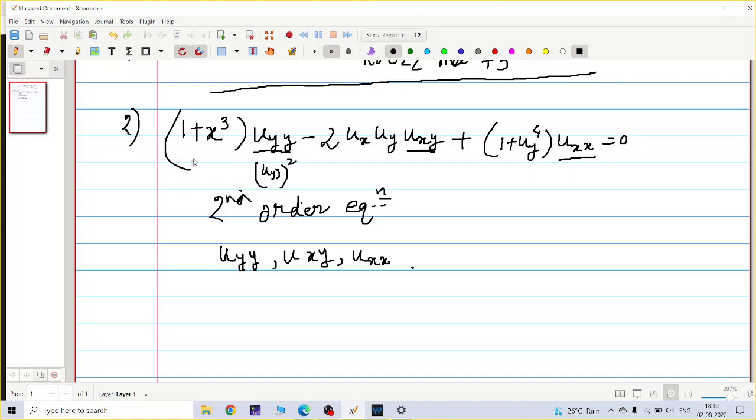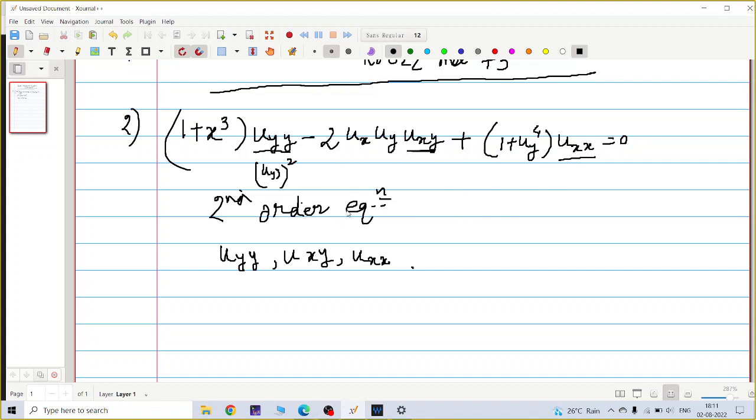The question is that this is the given PDE, and you have to find its order and type, meaning whether it is linear, quasi-linear or semi-linear. The order is 2 because the highest order derivative with respect to the independent variables is 2.